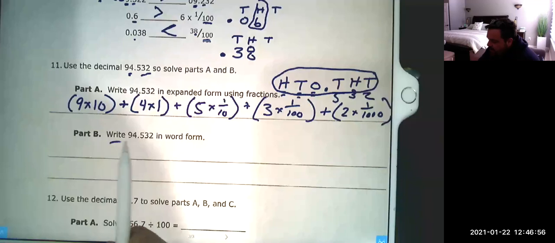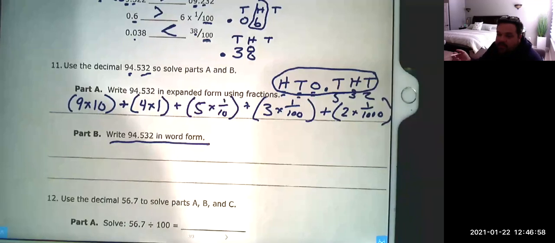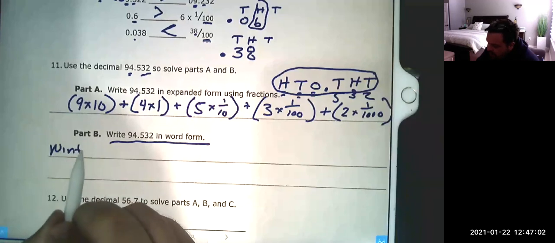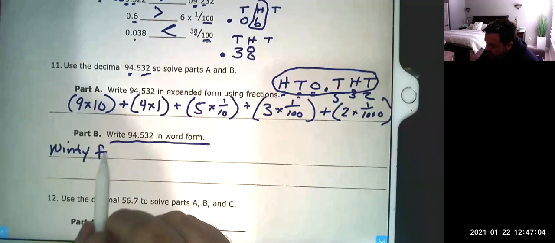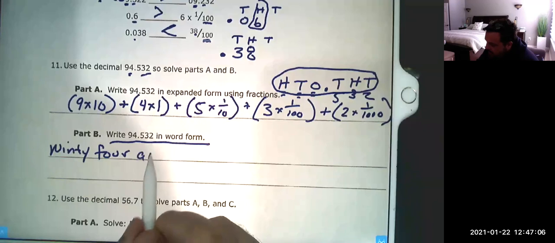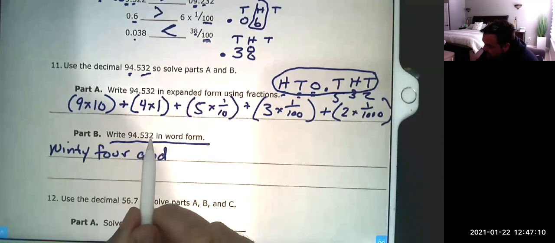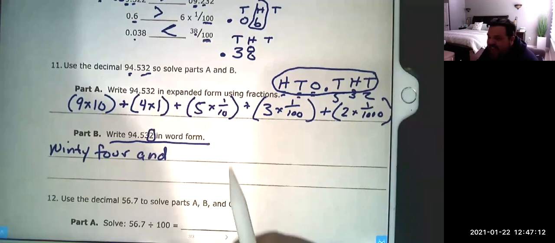So now the last part is to write it in word form. Now that, remember, you got to say and. So you would write 94 and we have to write out 532. And remember, the 2 is in the thousandths place.